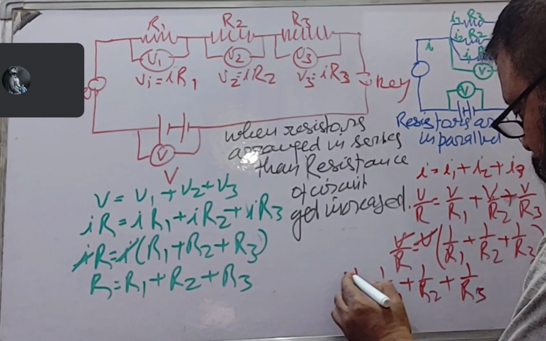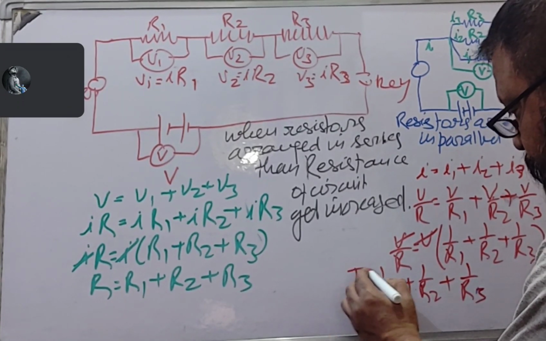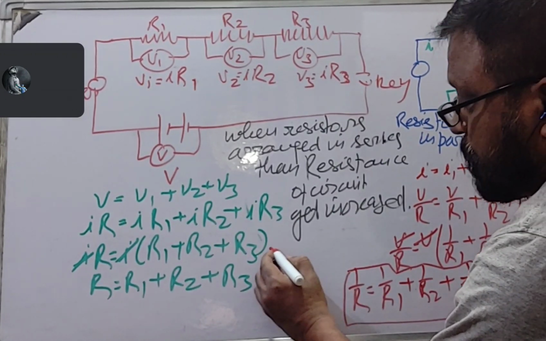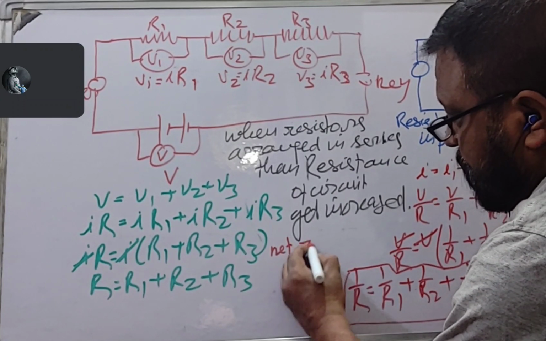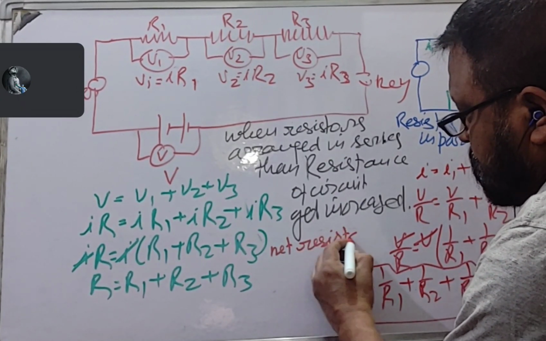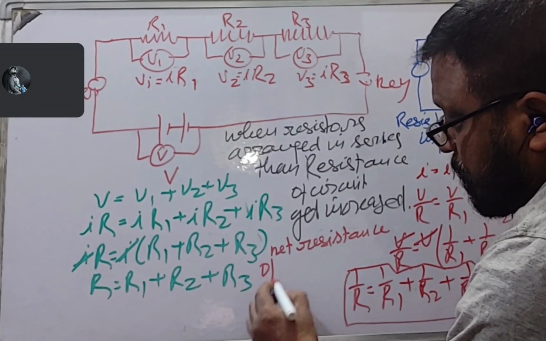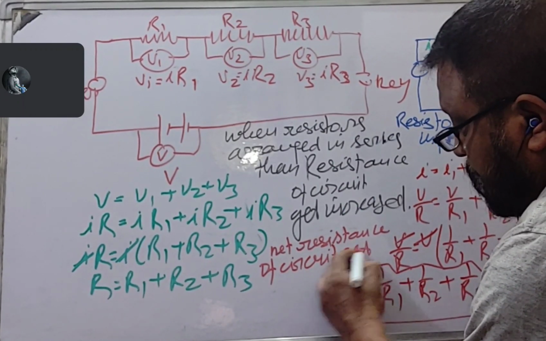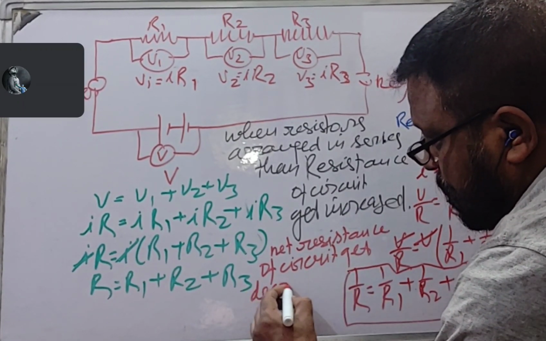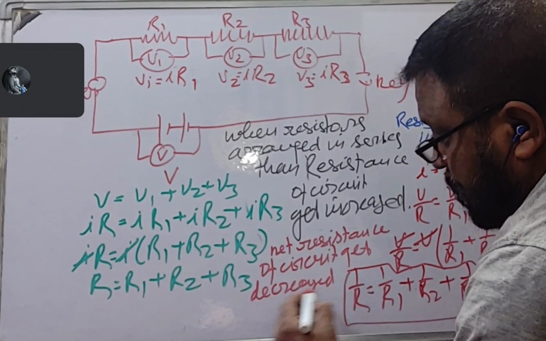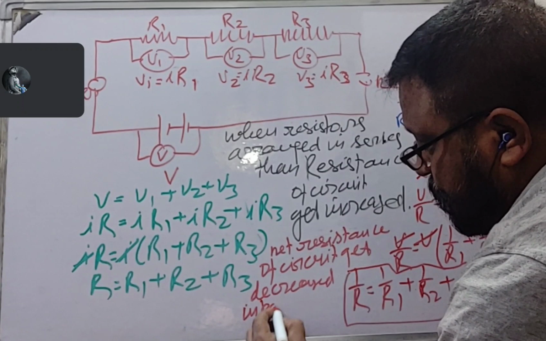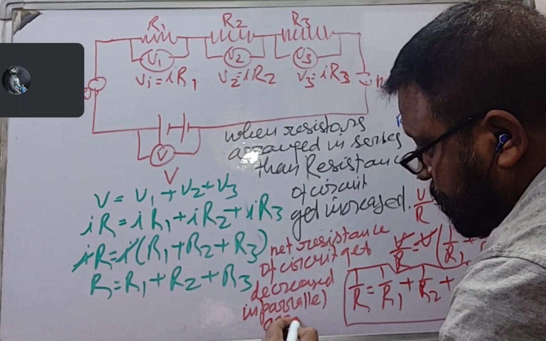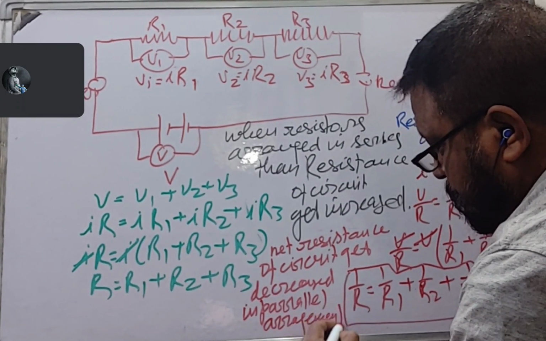So the net resistance of the circuit gets decreased in parallel arrangement, right?